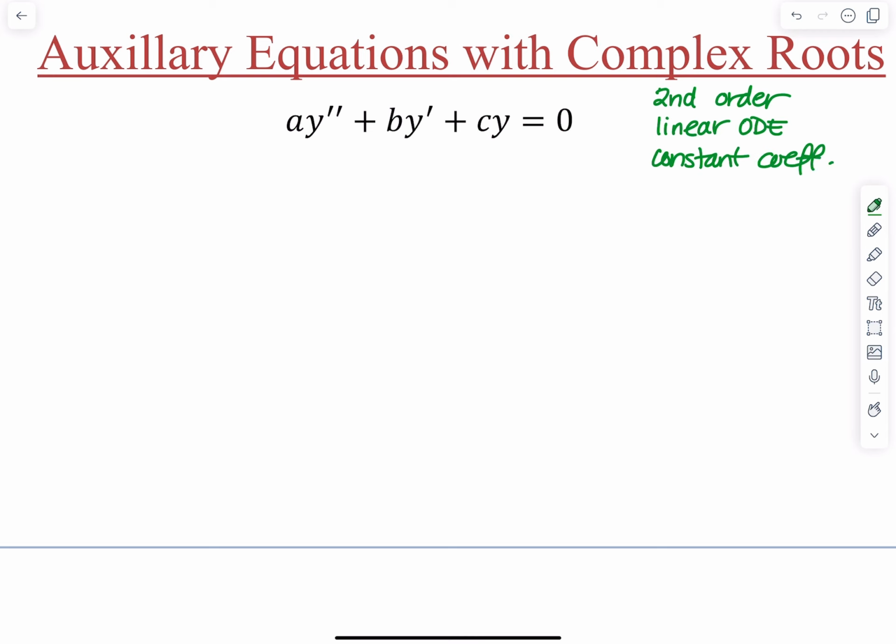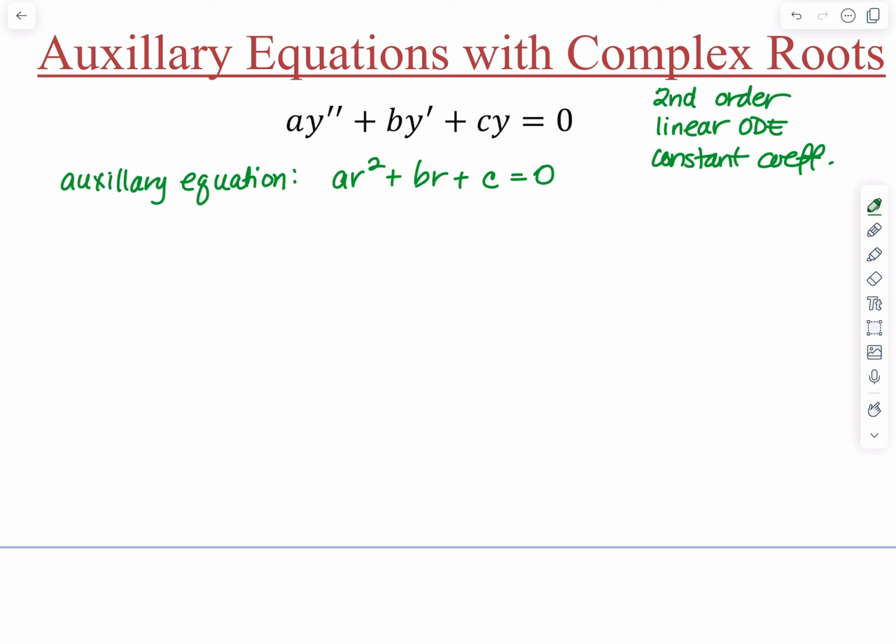And in previous lessons, we talked about the auxiliary equation that can be written as ar squared plus br plus c is equal to 0.